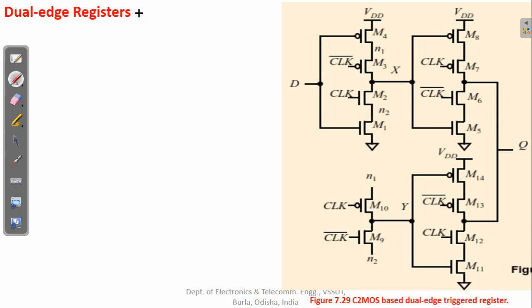Dual edge resistor, so the name clearly tells that the sampling or the capturing of input occurs at both of the clock edges.